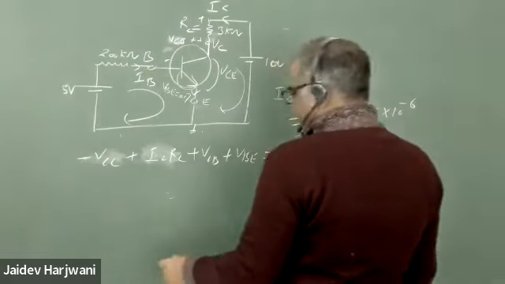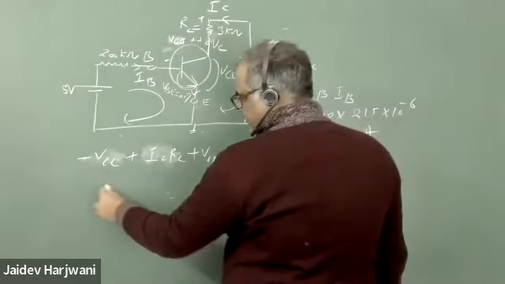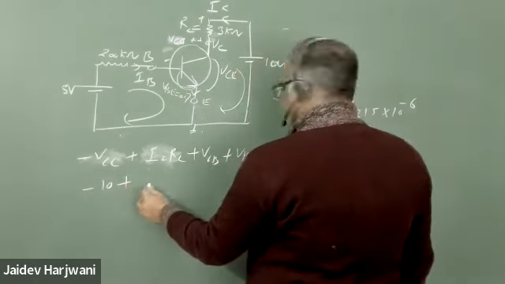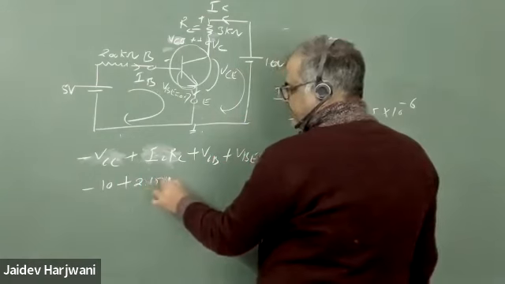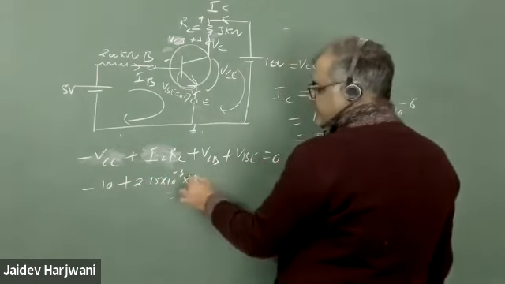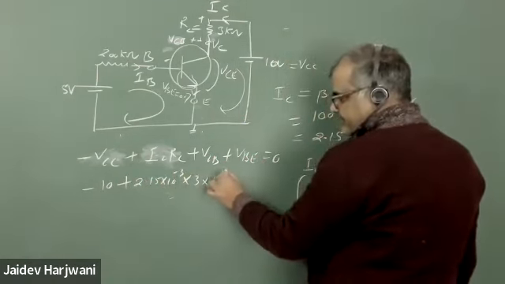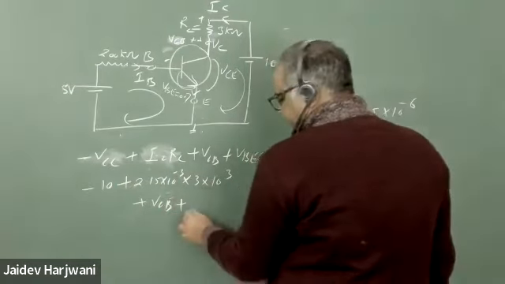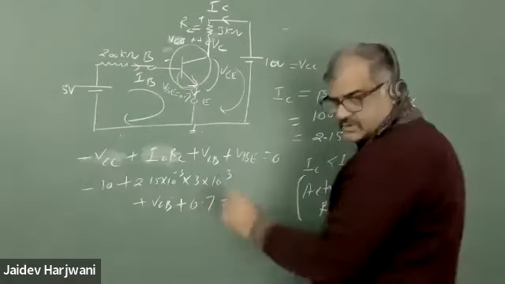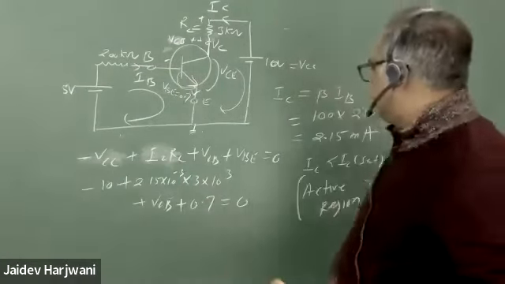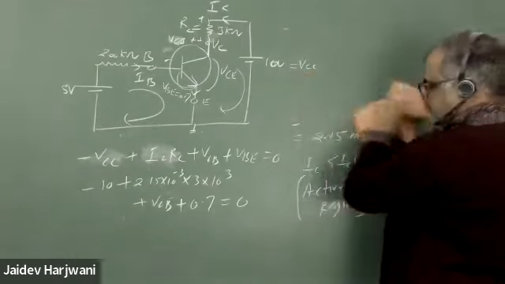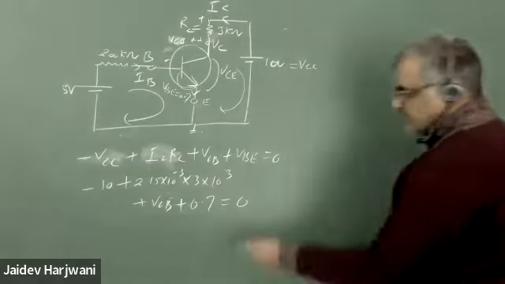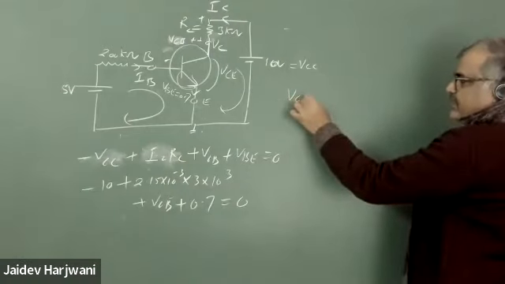Now from here I want to calculate the VCB value. So I have VCC 10, IC is given 2.115 milliampere, RC is given 3 kilo ohm, plus VCB, and VBE is 0.7, equals 0. What is the VCB value coming? Calculator, tell me.